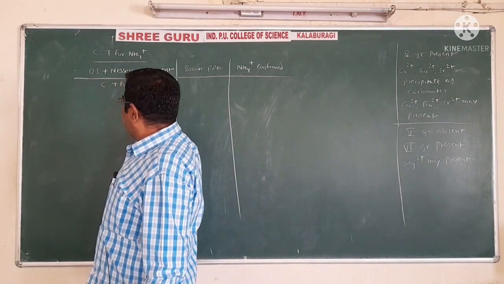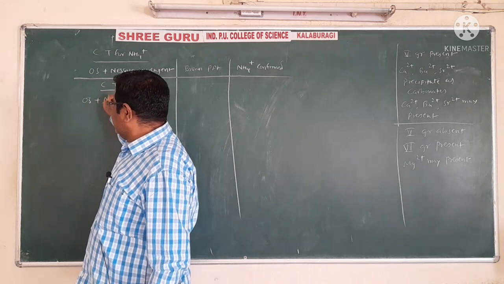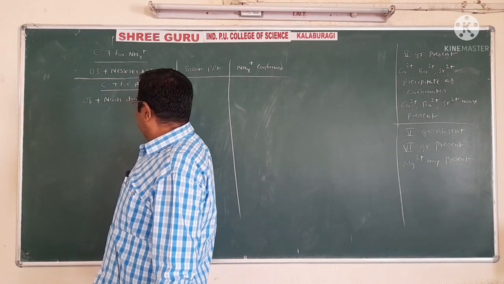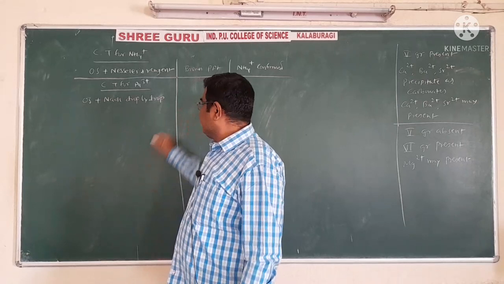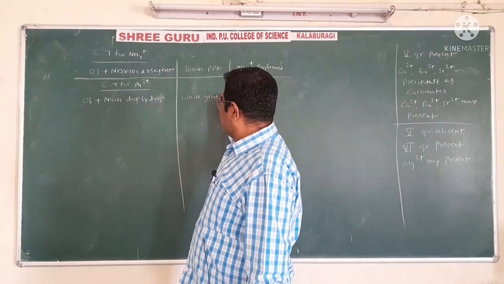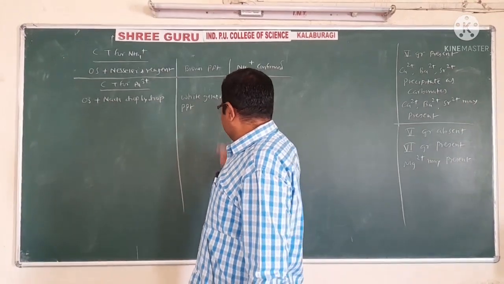CT for Al plus 3. We have to take original solution and NaOH, drop by drop. And what is the conclusion? White gelatinous precipitate.